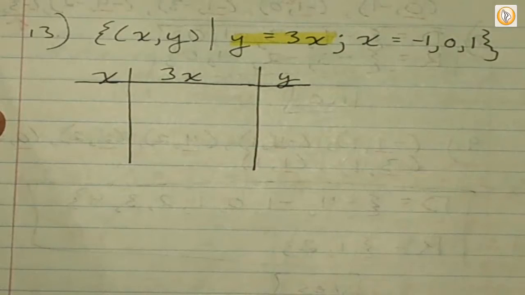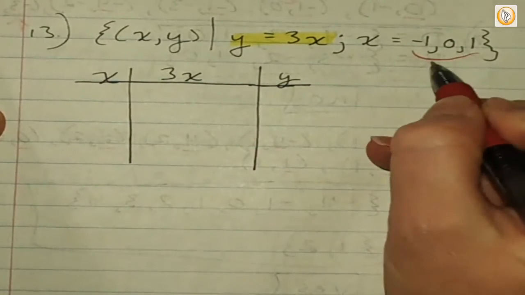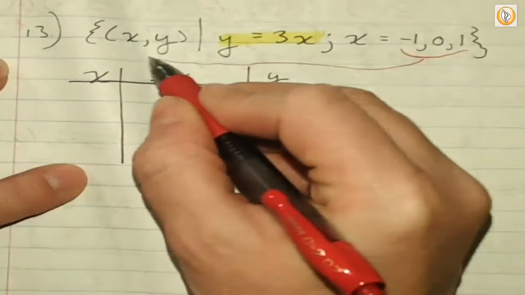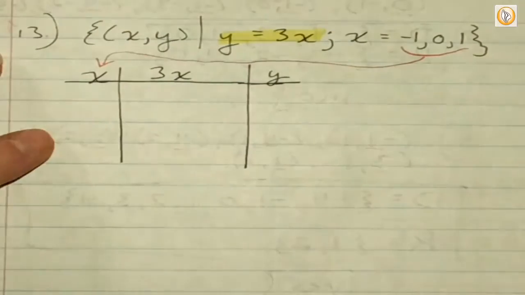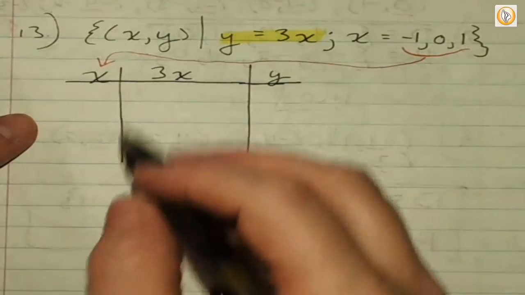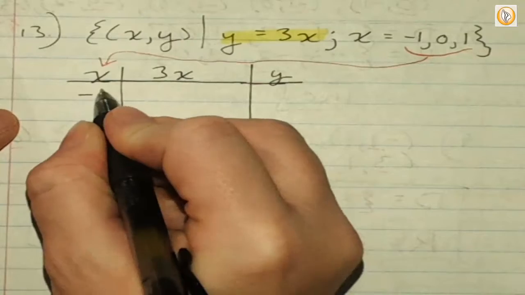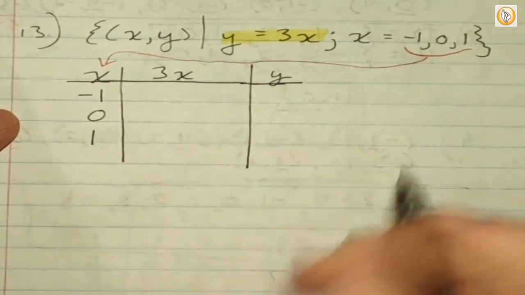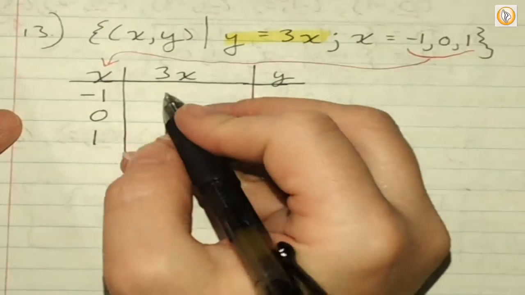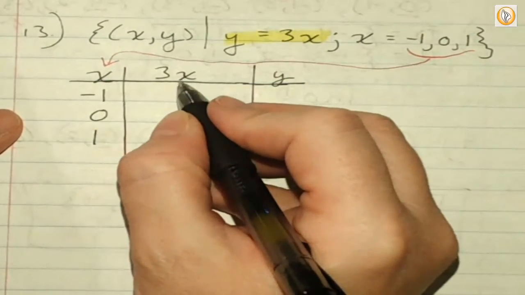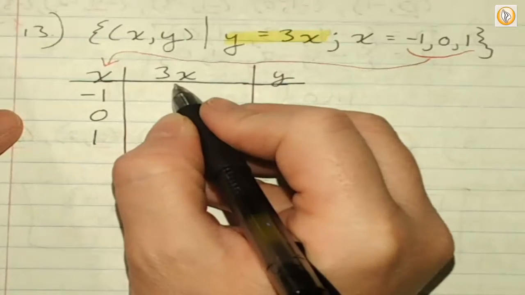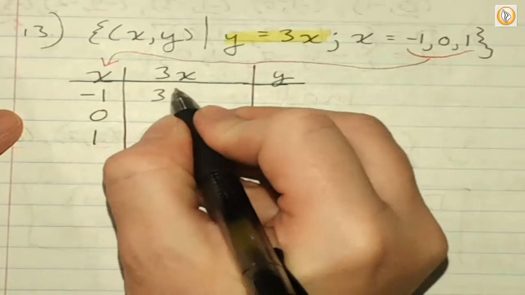Okay, so again, we take our x's right here that they gave us, and we're going to stick them in that little area of the table. So I have -1, 0, and 1. All right, so we're just going to replace each x in here.